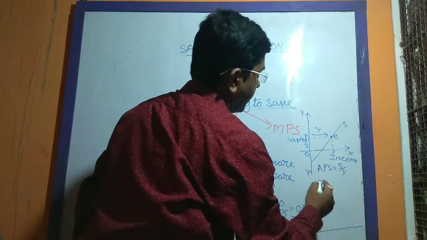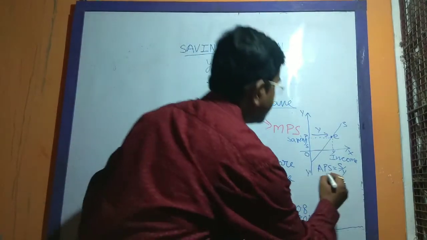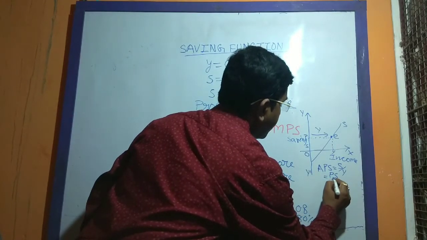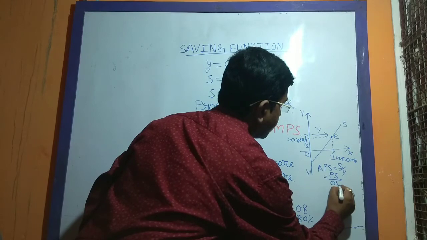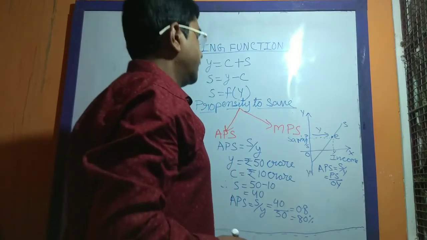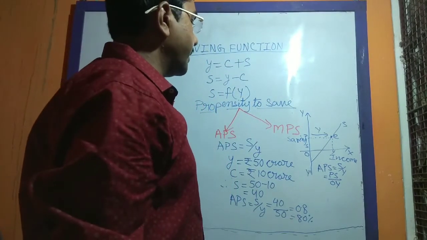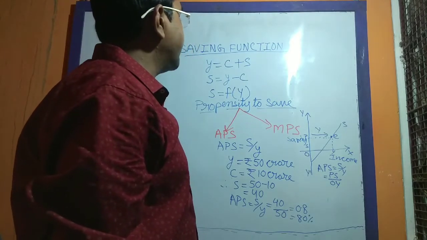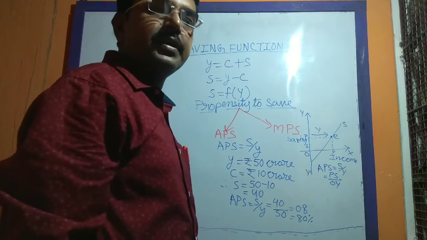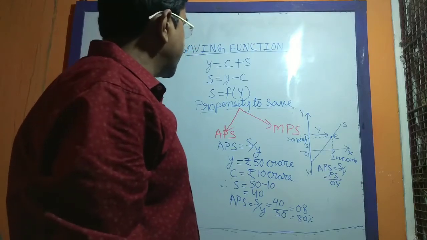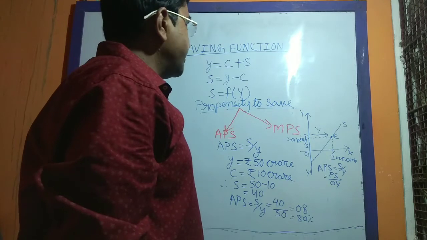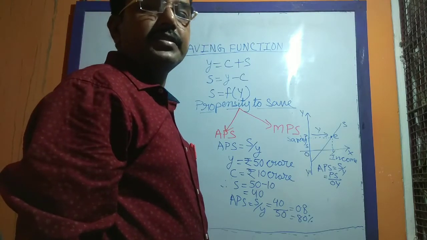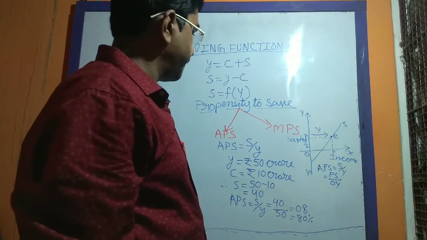So S by Y we can also write as PS by OY. This was the functional relationship between income and saving and average propensity to save: the ratio of aggregate saving and aggregate income.